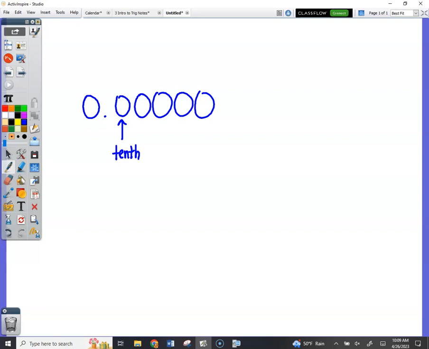Okay, the second number after the decimal is called the hundredths. And the reason it's called the hundredth is because how many zeros are in 100? 2. How many zeros, not digits. There's 2 zeros in 100. So if I say round to the nearest hundredth, you're rounding to 2 decimal places.